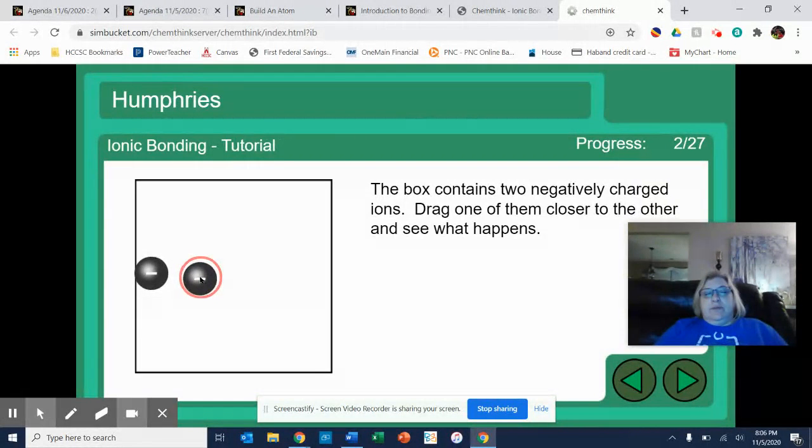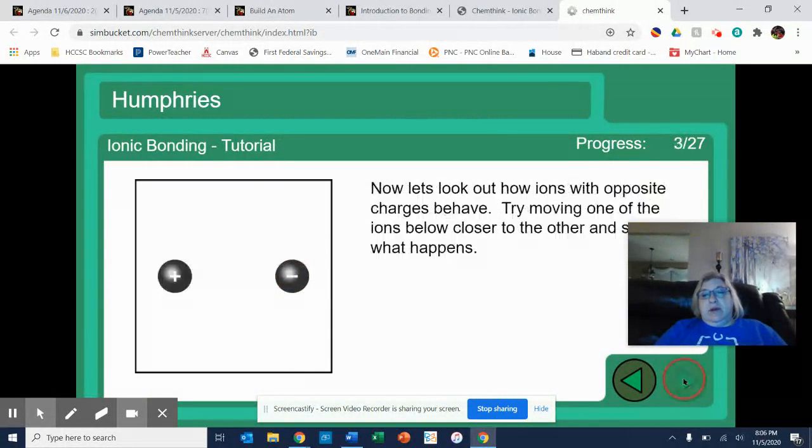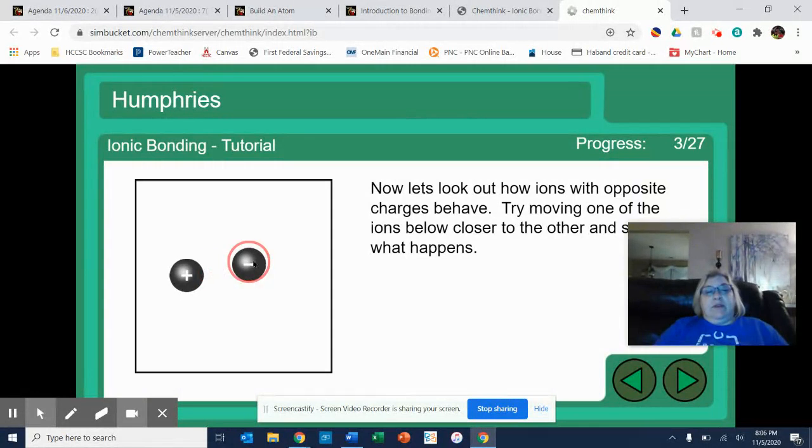Well, opposites attract, and the same charges actually repel each other, so it's like a magnet. So with this one ion, which is a charged particle, I just completely push the other one out of the box. Moving on, now what will happen if we put opposites together, and they will attract to each other. They'll come together.